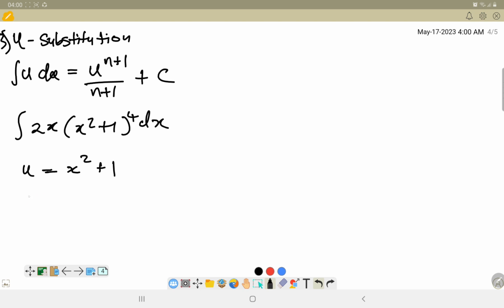Then we differentiate u: du/dx gives 2x. Then we make dx the subject of the formula, so dx will be equal to du over 2x.